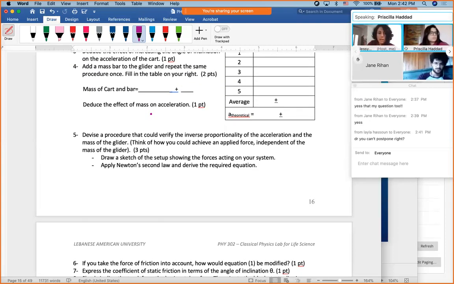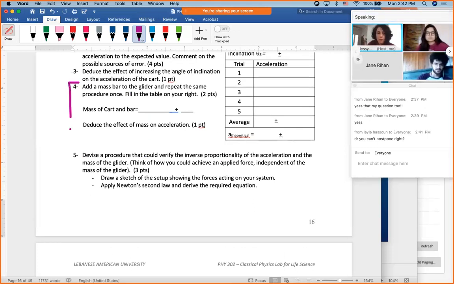Okay, and for number 5, Priscilla, they say devise a procedure that could verify. So from number 4, I suppose you noticed that the acceleration, which is g sine theta, is not mass dependent. And number 5, you have to come up with an experiment of your own.